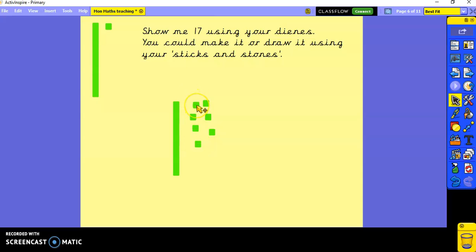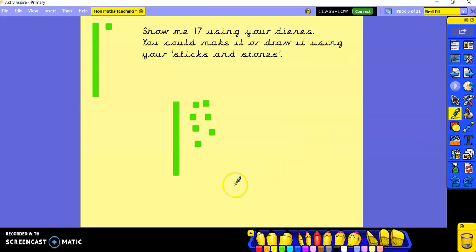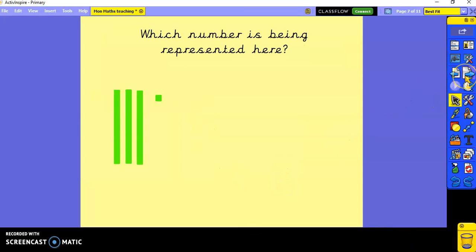I'll just sort this one out here. That went a little bit strange. There we go. So I could again write this as a partitioning number sentence. 10, because we've only got one 10 this time, add 1, 2, 3, 4, 5, 6, 7 ones. 10 add 7 would equal 17.